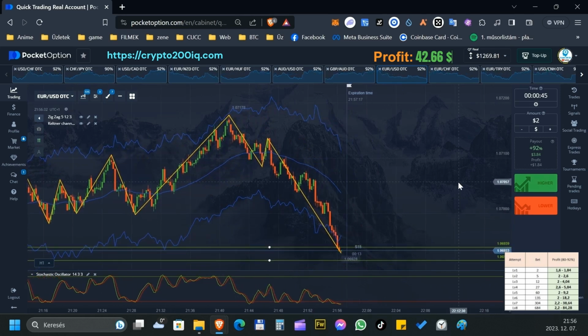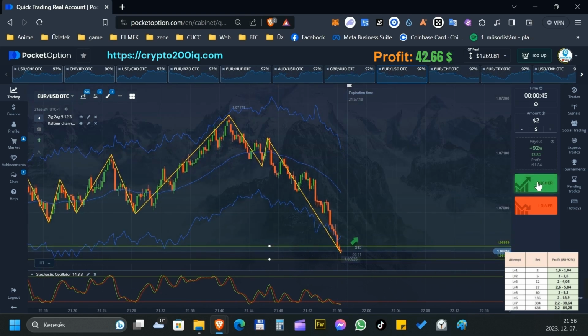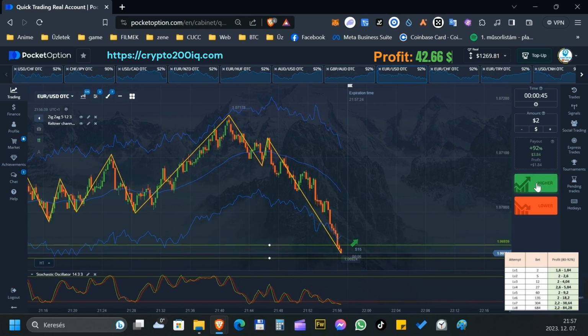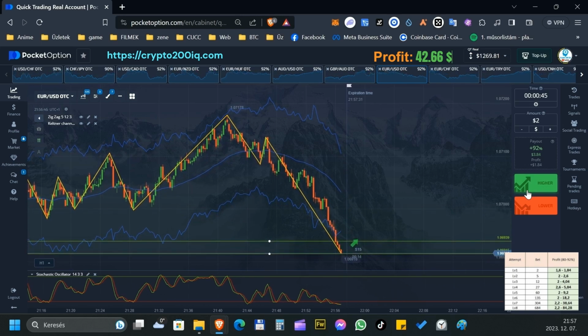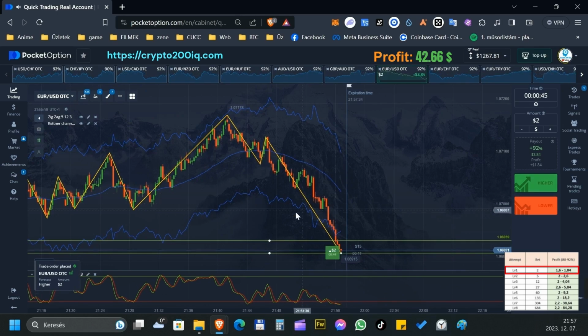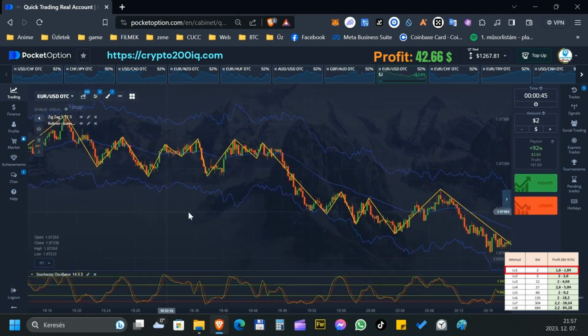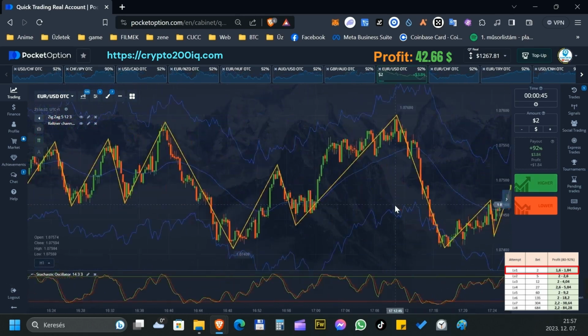We'll wait for the best possible position. And it reached our line. We look back at how much it usually moves.